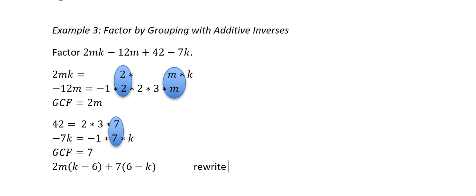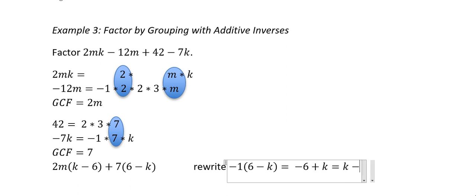So I'm going to multiply negative 1 times 6 minus k and see if that is my other term. When I distribute here, negative 1 times 6 is negative 6. Negative 1 times negative k, well, that's plus k. The other side is k minus 6. So is negative 6 plus k the same? Yes, I can reorder in addition, so it's k minus 6.